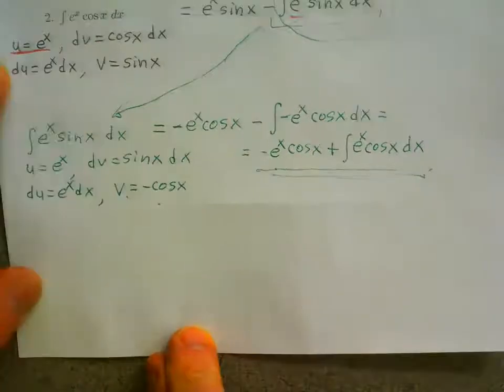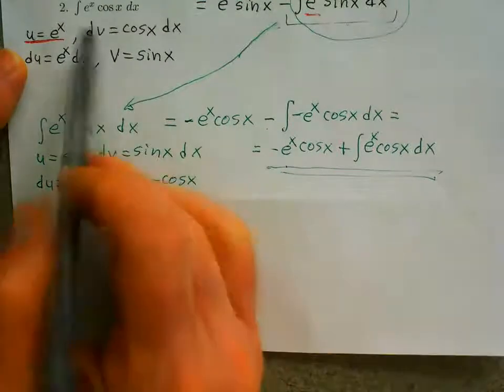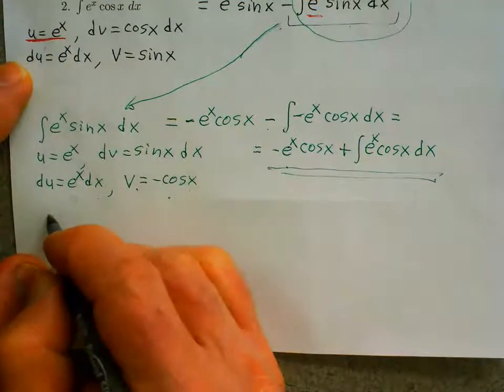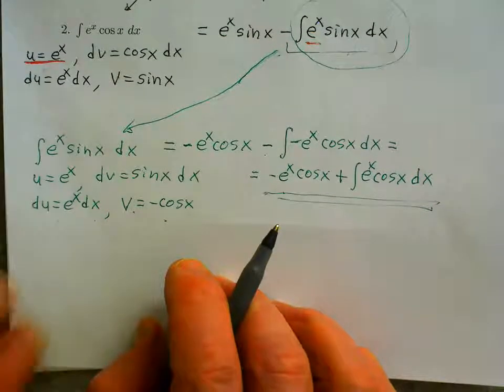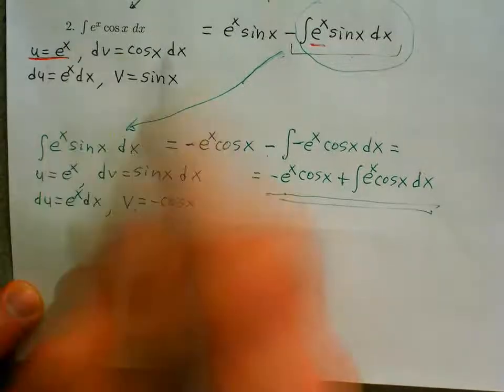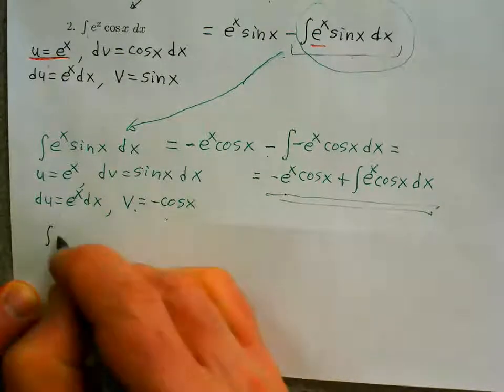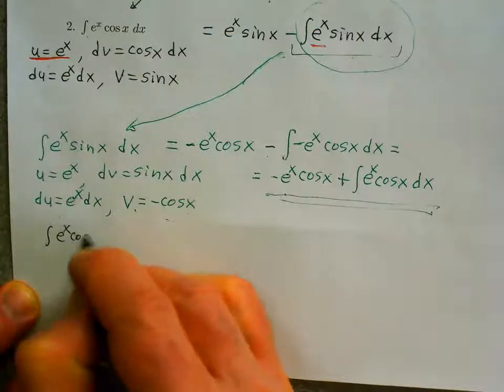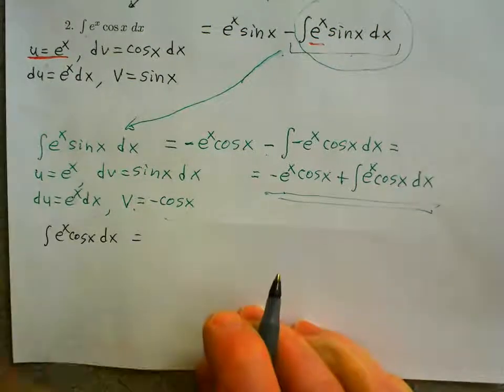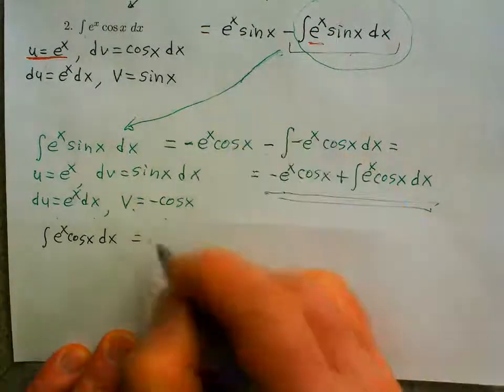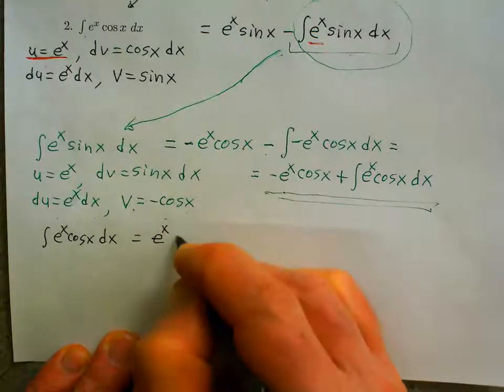The integral that we started with, and try to make sure you can see it. So we started with this, the indefinite integral of e to the x cosine of x dx. And that's equal to e to the x times sine of x.